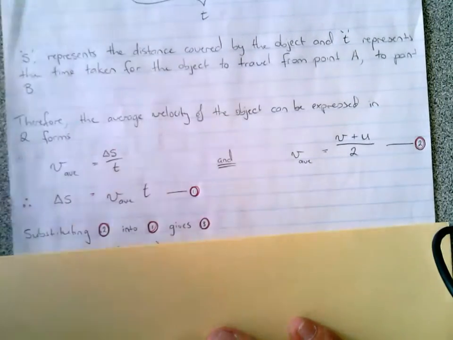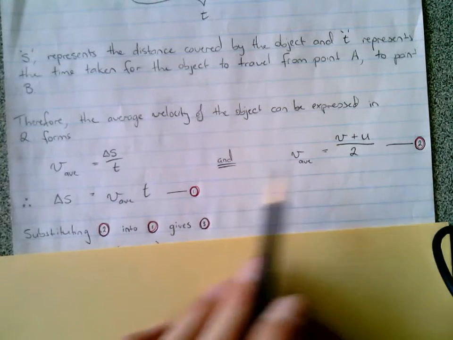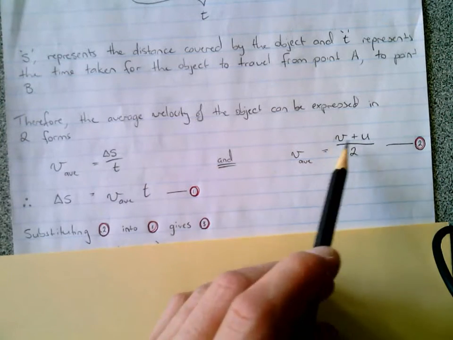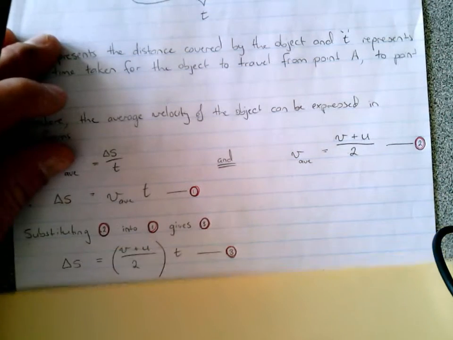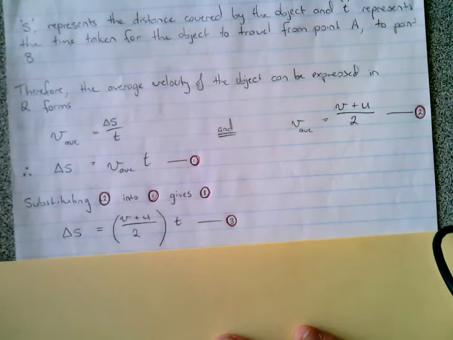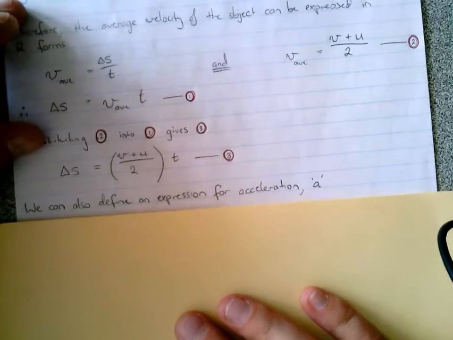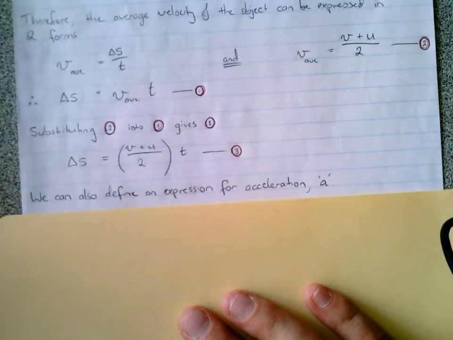If I substitute equation 2 into equation 1, so where I see v average, I'm going to put v plus u divided by 2, it's going to give me an equation which I'm going to call equation 3. But we can also define an expression for acceleration.